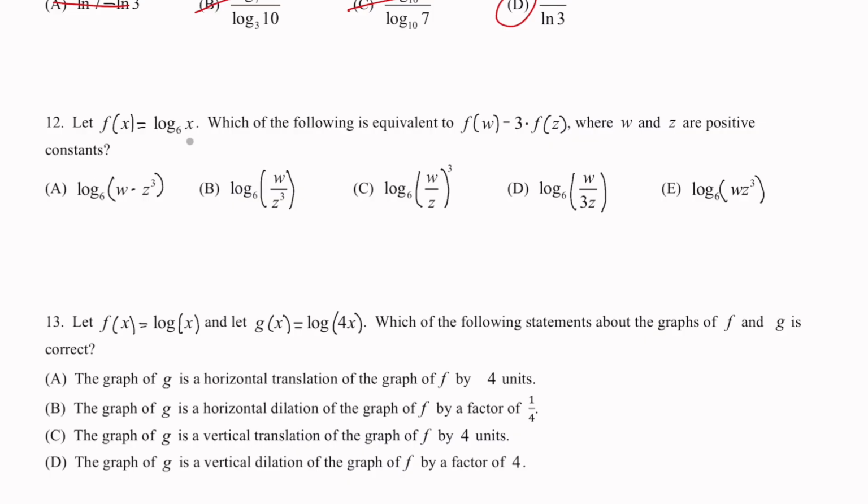So it's basically log 6 replacing the x, so we're just going to put w minus 3 and then multiplied by log of 6 times z, which is replacing the x, so we'll put z there.